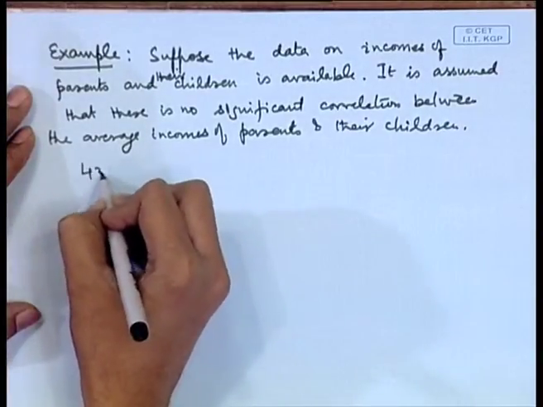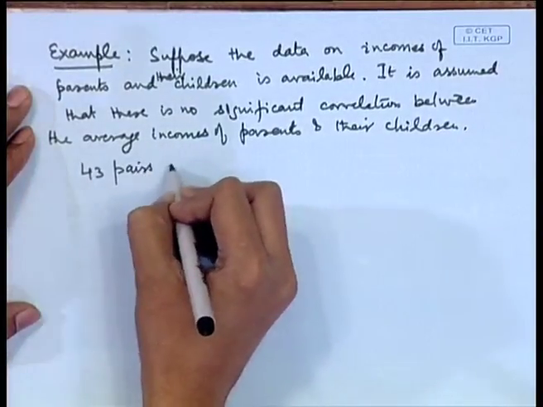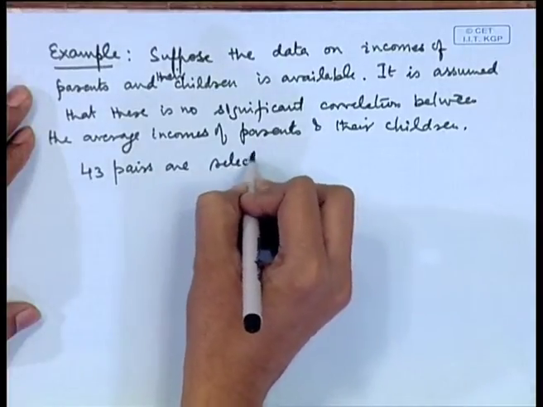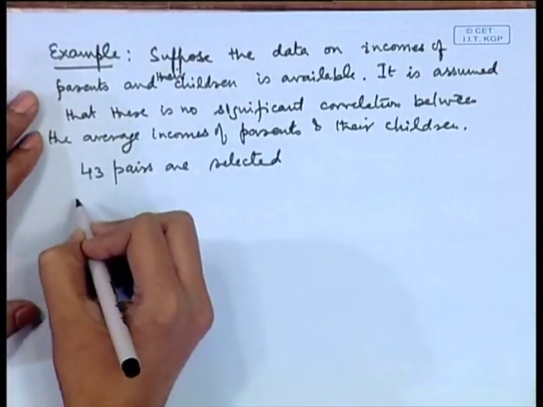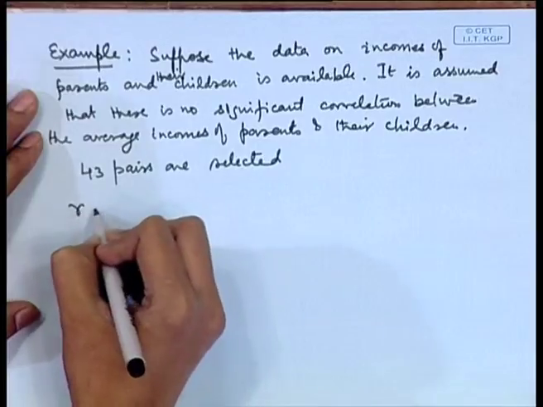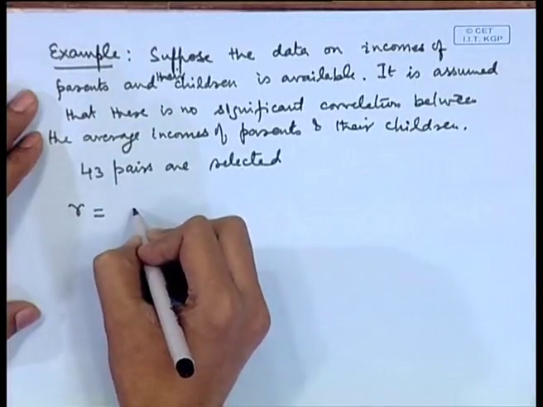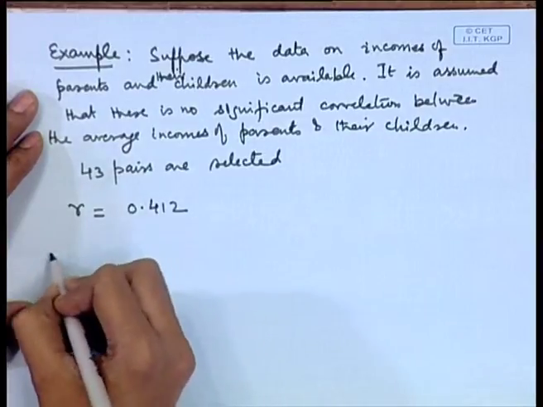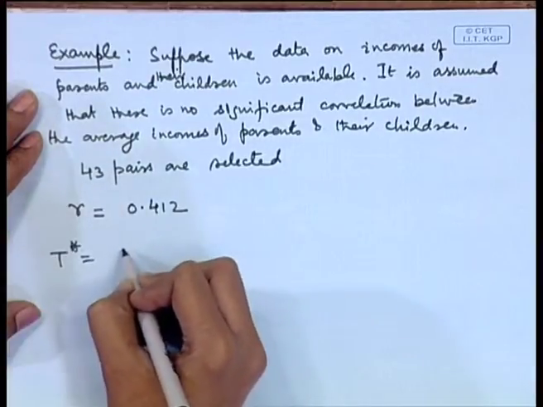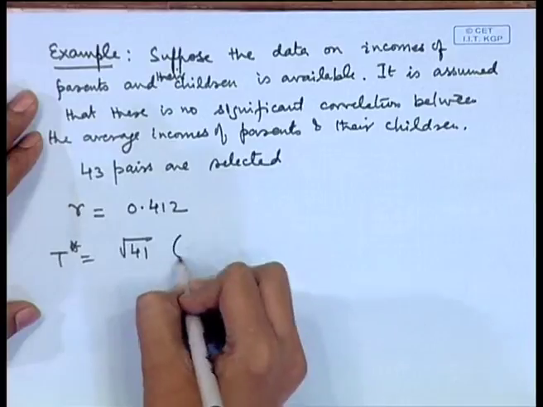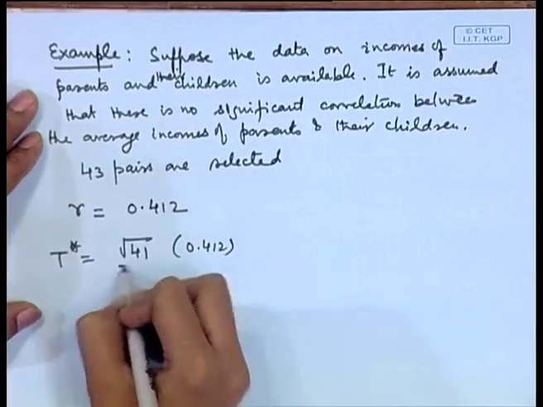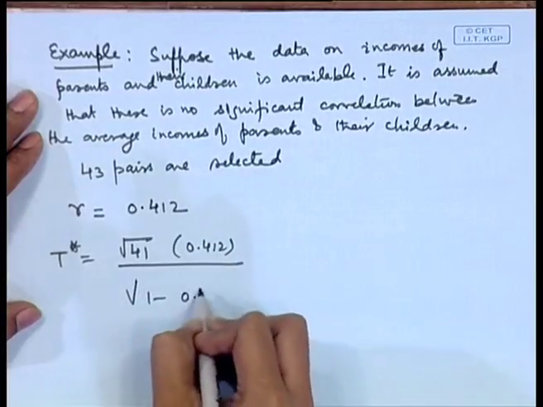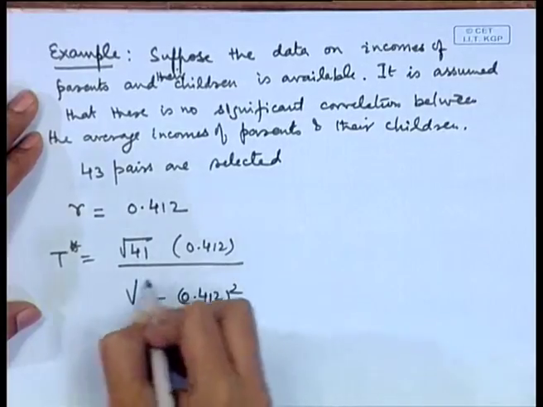So, 43 pairs are selected and their sample correlation was calculated, which turned out to be 0.412. So, from here this t star value, that is square root 41 into 0.412 divided by square root 1 minus 0.412 square is calculated.